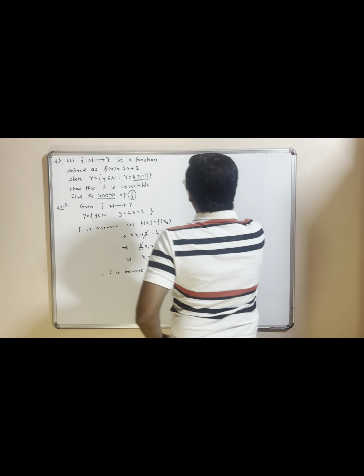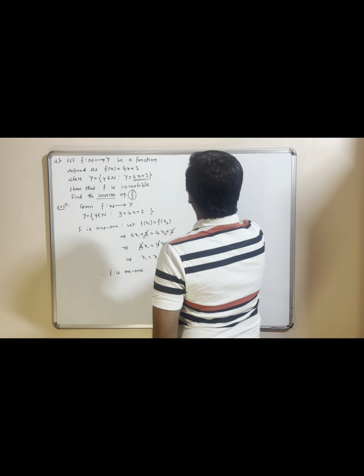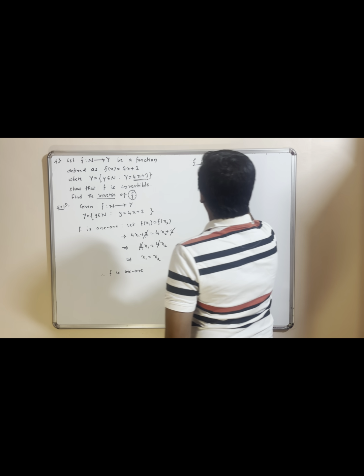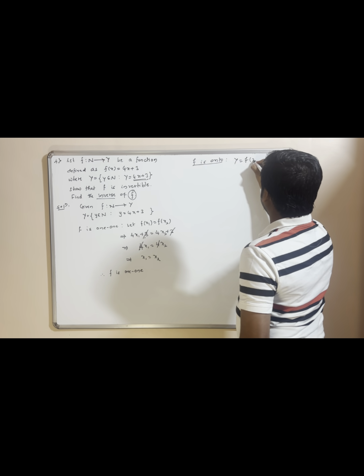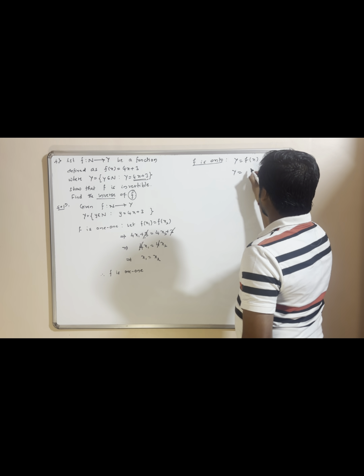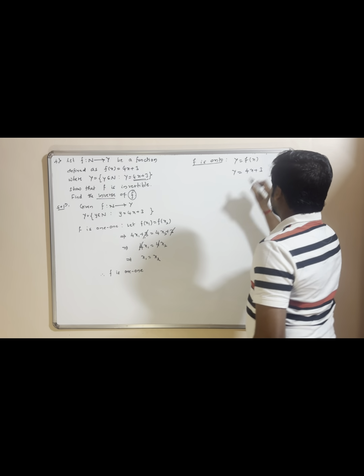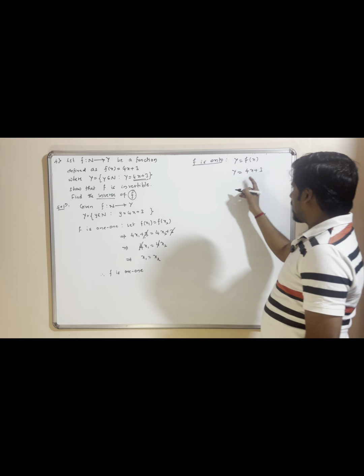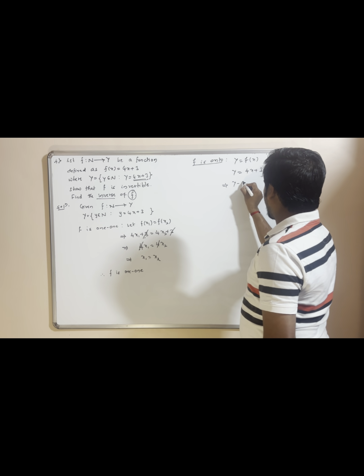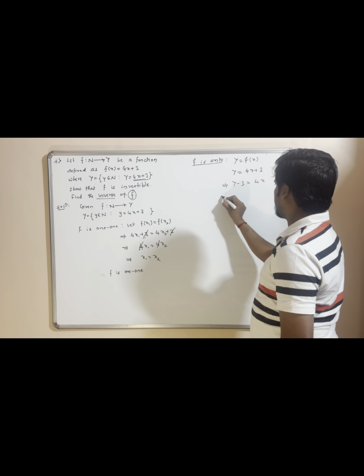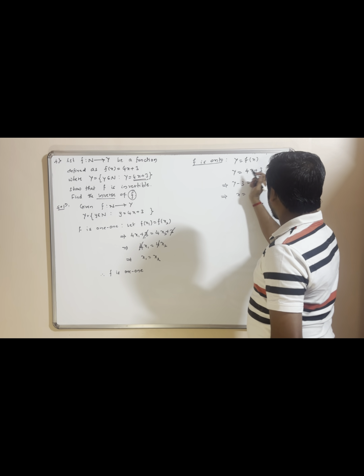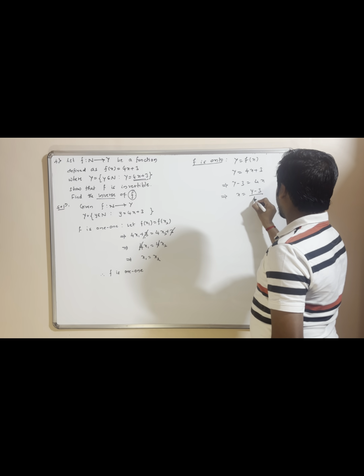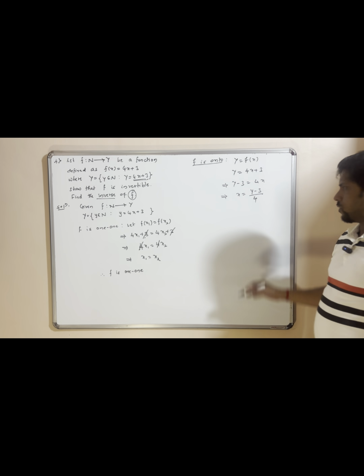What about onto? To show that f is onto, again we have to consider y is equal to f of x. That is f of x is given, that is 4x plus 3. Solve for x: y minus 3 is equal to 4x, then x is equal to y minus 3 divided by 4.